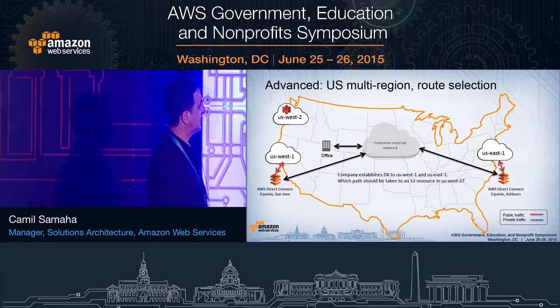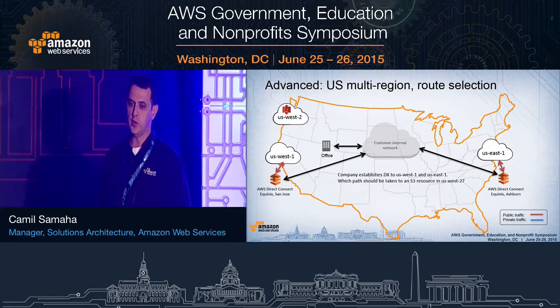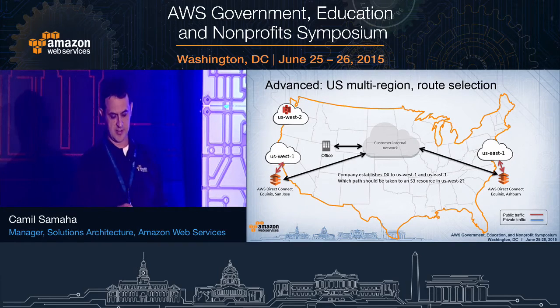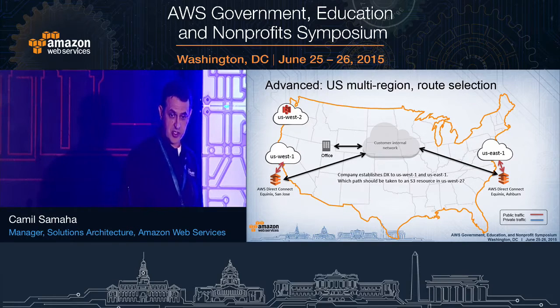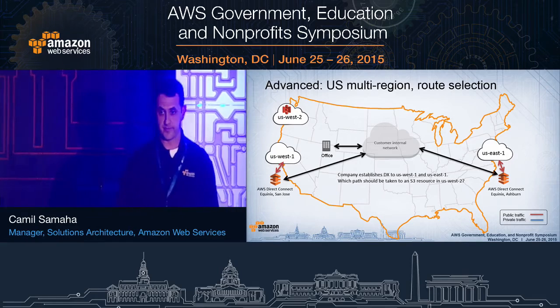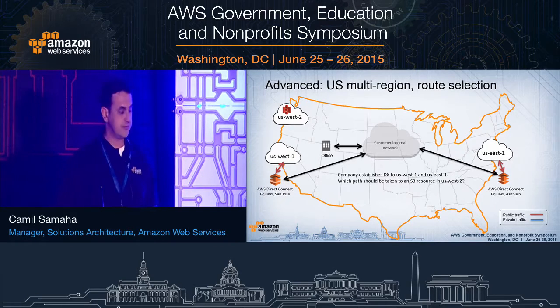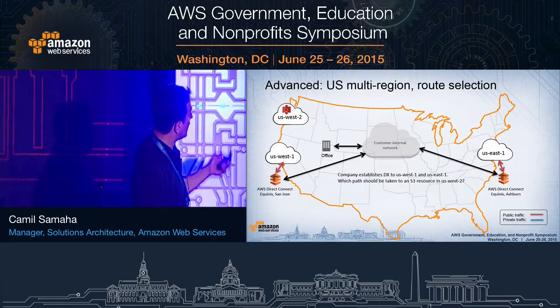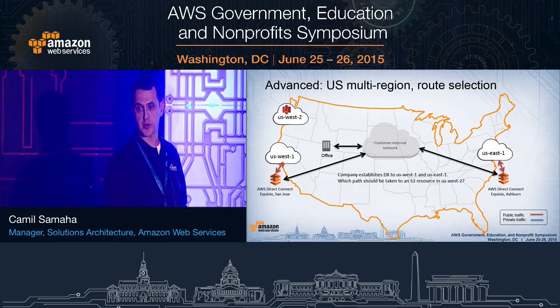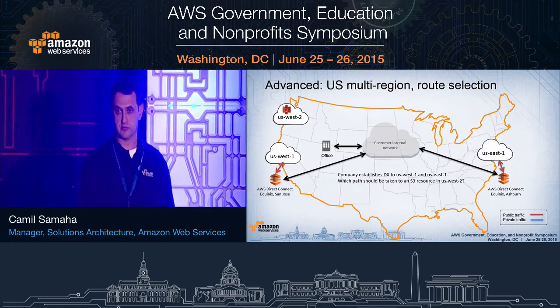Okay, let's take the scenario where you establish two Direct Connect connections, one in the US East region and another in the US West one. And let's say you want to reach the S3 endpoint in US West 2 from your internal network.